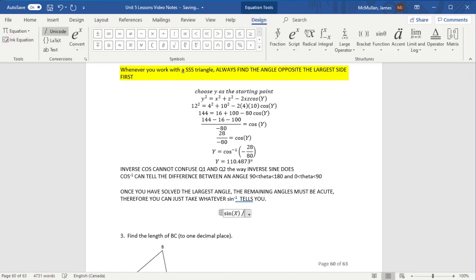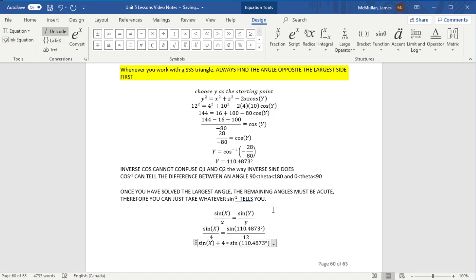So for example, sine x over x is equal to sine y over y. We fill in everything we know. Sine x over 4 is equal to sine 110.4873 divided by 12, since y was 12. So sine x is equal to 4 times sine 110.4873 over 12.